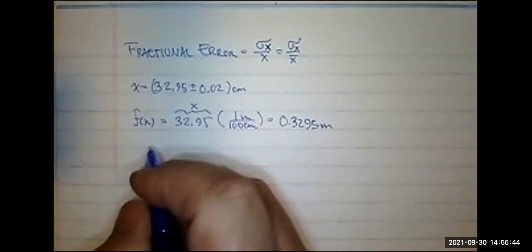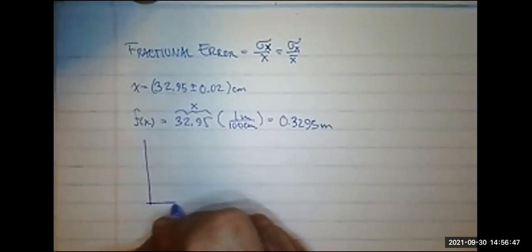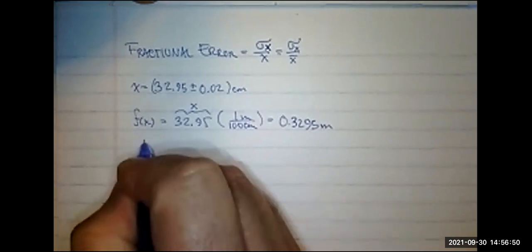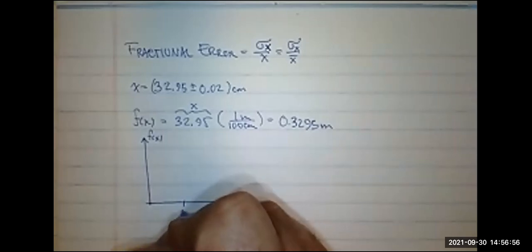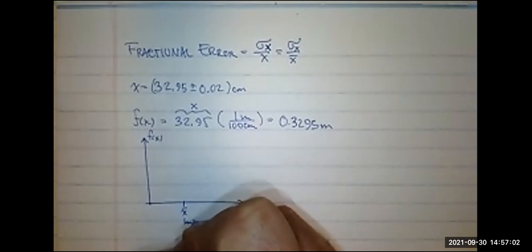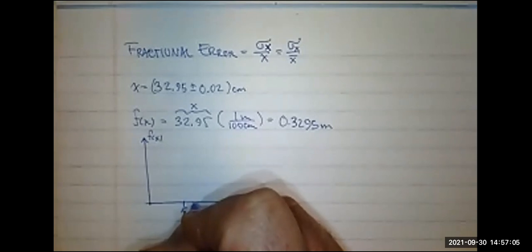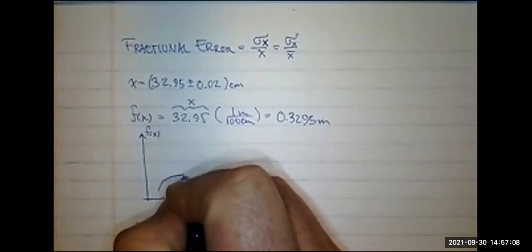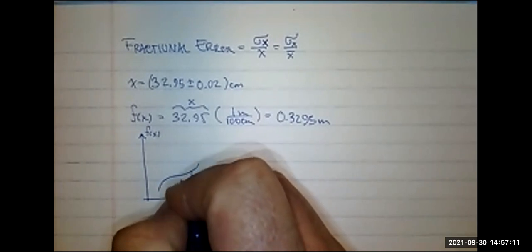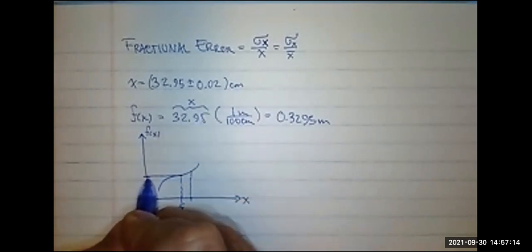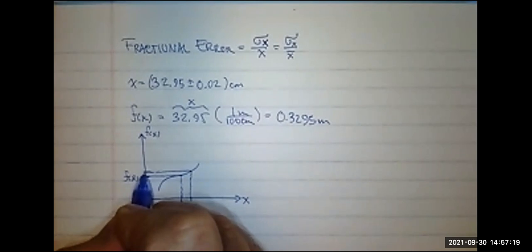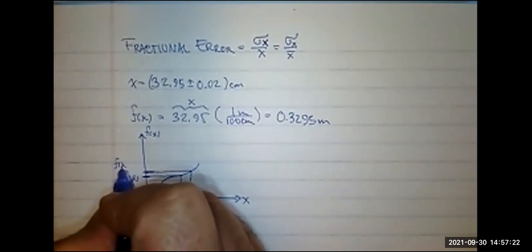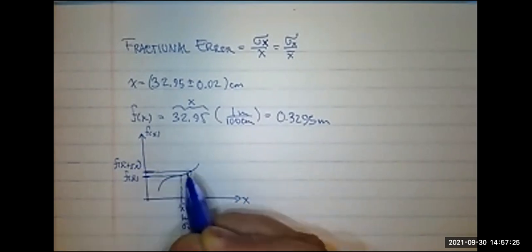Okay. Well, if you have in general a single variable function f of x, then what I would say, if this is your x value, which we name x bar, and this distance from here to here is sigma x, and your function did something like this, then you can see your f of x bar would be right here, but you might expect your f of x bar plus sigma x to be over here, okay?